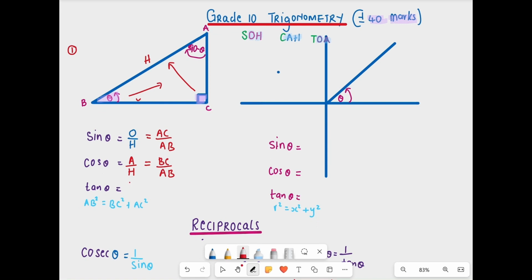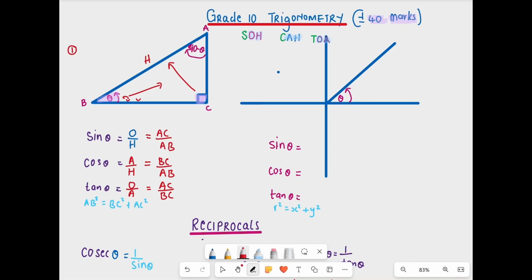So if I say this is opposite over adjacent, it will be AC over, from angle theta, my adjacent, the side that is closest to angle theta, which is BC. So that is your tan of angle theta.